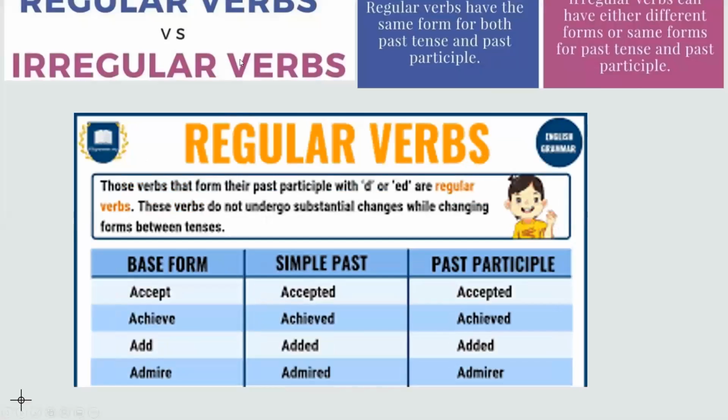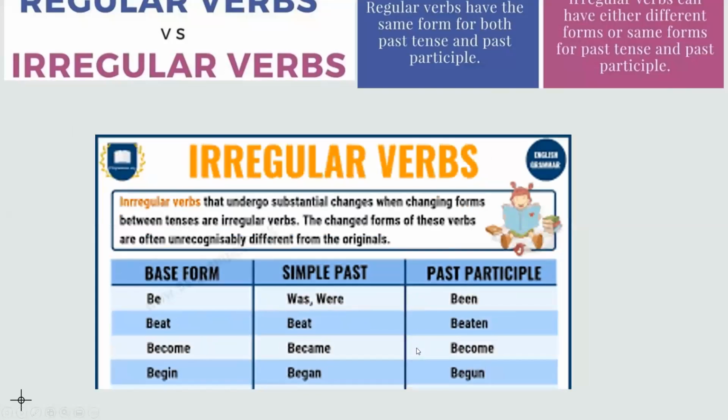Let's see, in the case of regular verbs, they have the same form for the past tense and the past participle, as I said before. Accept, accepted, accepted. Achieved, achieved, achieved, and so on. But we also have irregular verbs.